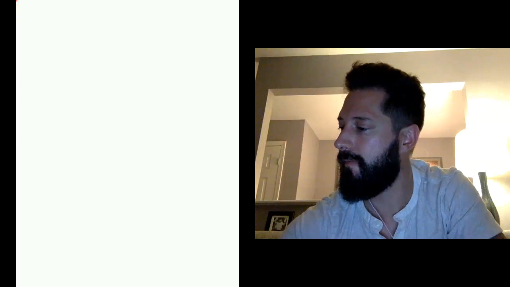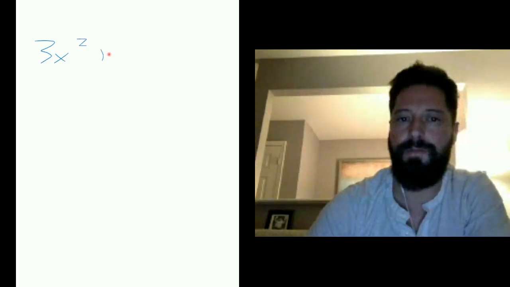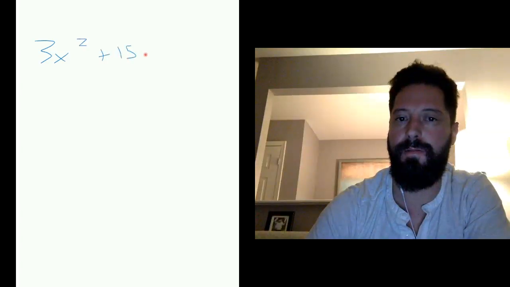Okay, here's a good problem. 3x squared plus 15x minus 18. What factoring technique should I use?